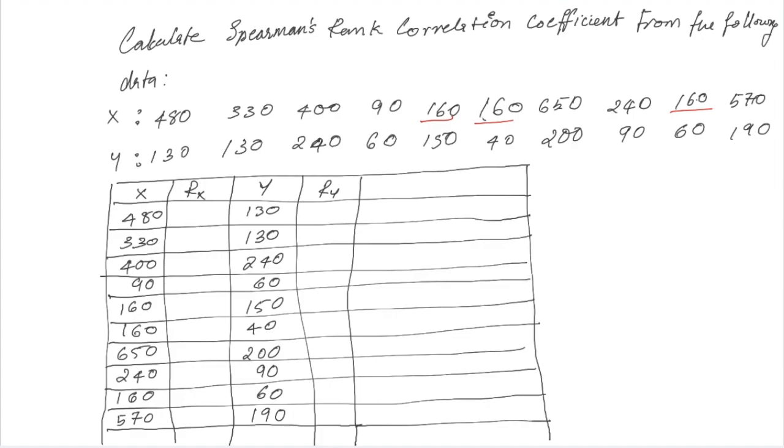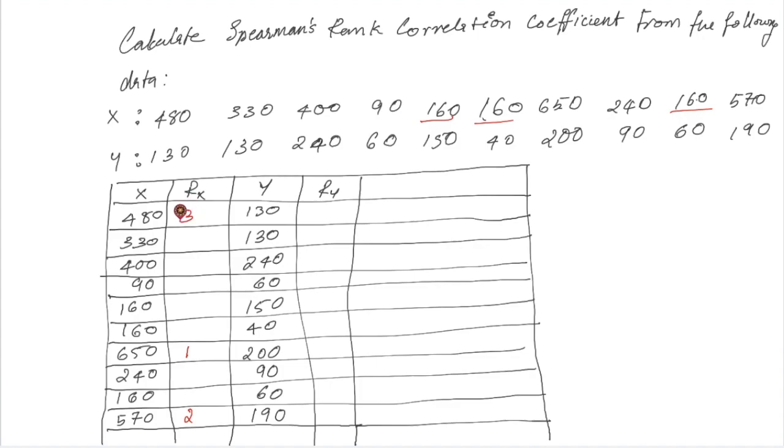Okay, so what we are going to do, we are again going to give ranks for the given values. Again we will be following highest to lowest, giving the first rank to the very highest value, which is 650 in this case. 2 will be the very next best value, which is 570, and 3 will be 480.